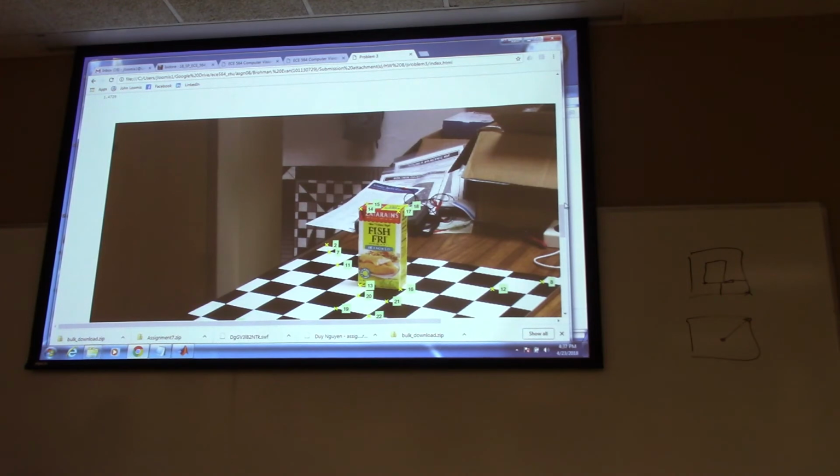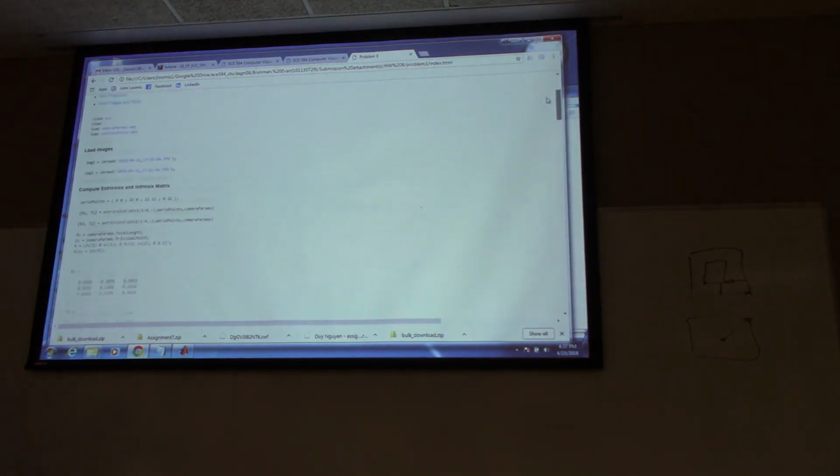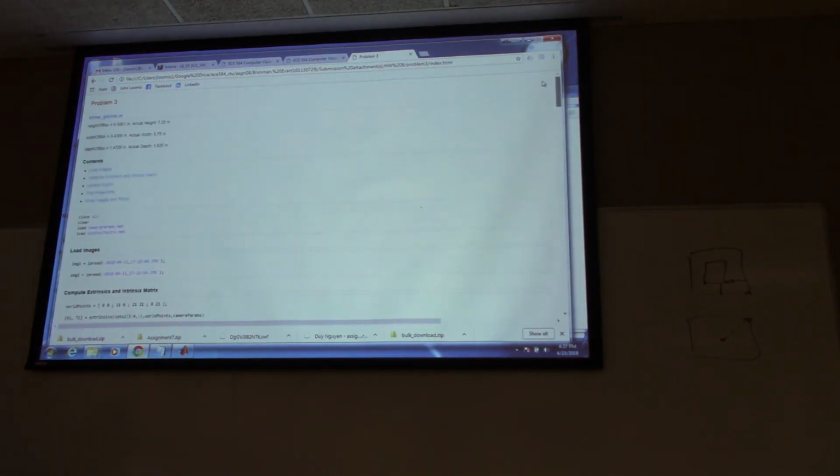And if you go all the way to the top, you can see the actual dimensions versus what was calculated here. Okay, so you got 6.6 compared to 7.25, and 3.4 compared to 3.75. And this is not an unusual difference in measurements. So that's what I'm looking for, right?